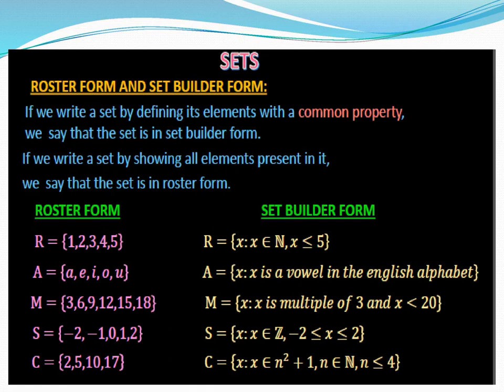Carefully observe. First, R equals the set of 1, 2, 3, 4, 5. Here all elements are present, and we are showing all elements in the set. The same set can be represented in set builder form. Then we can write R equals the set of X, where X belongs to N, comma, X is less than or equal to 5.